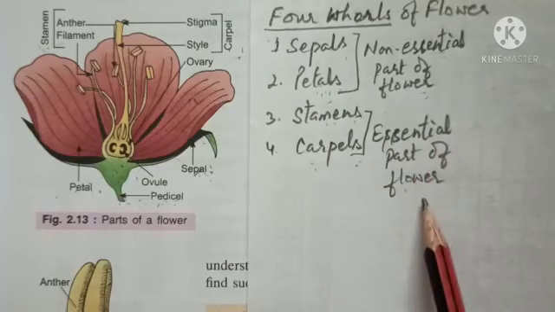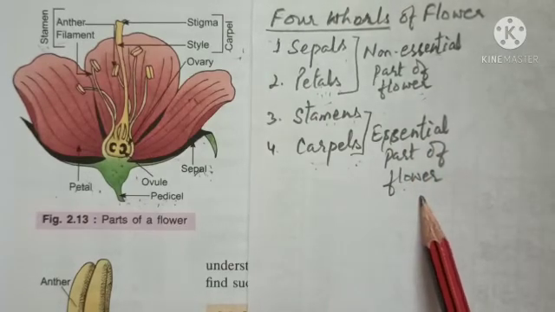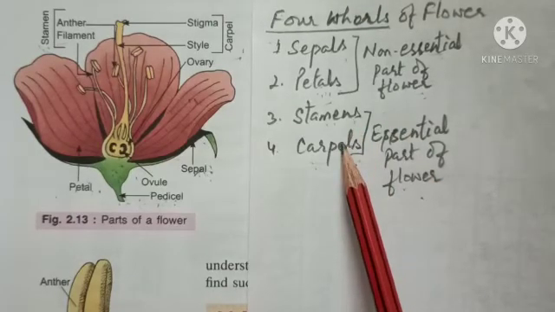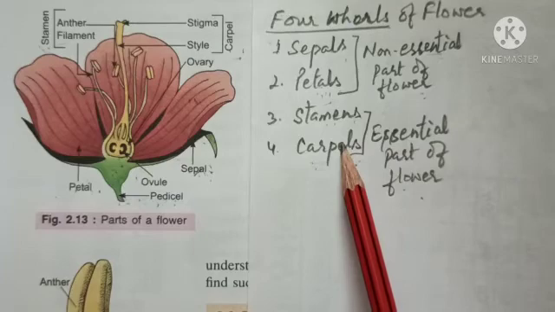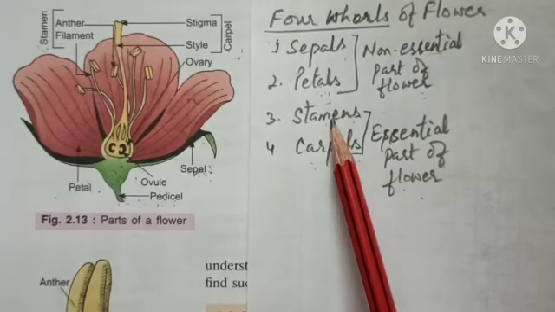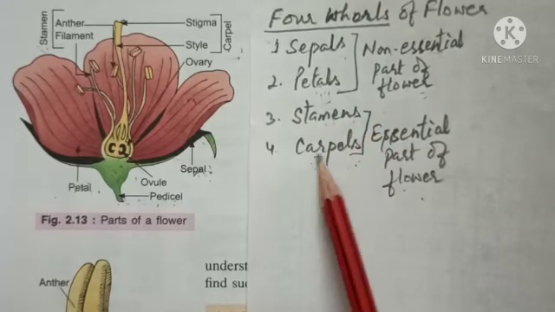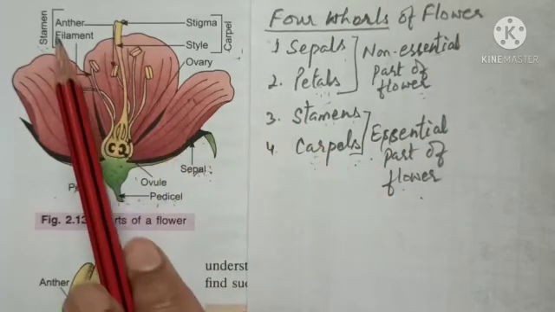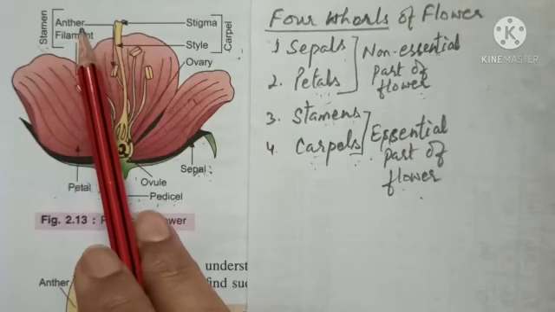Essential parts of flower. Why? Because only these two parts are involved in the process of reproduction, because stamens produce male gamete and carpels produce what? Female gamete.